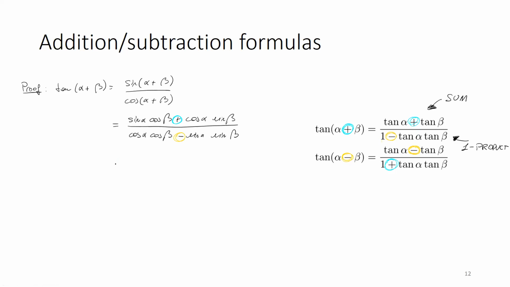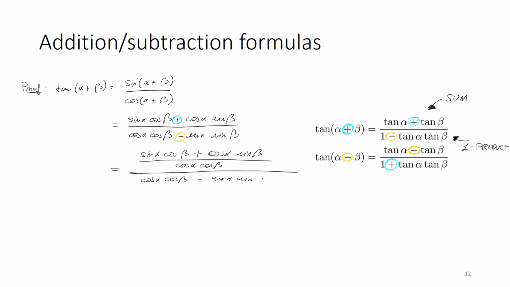So what can we do? Well, we can divide both sides by cosine alpha cosine beta. Okay, let me do that just real quick. Sine alpha cosine beta plus cosine alpha sine beta, over cosine alpha cosine beta, then a fraction, cosine alpha cosine beta minus sine alpha sine beta, divided by cosine alpha cosine beta.